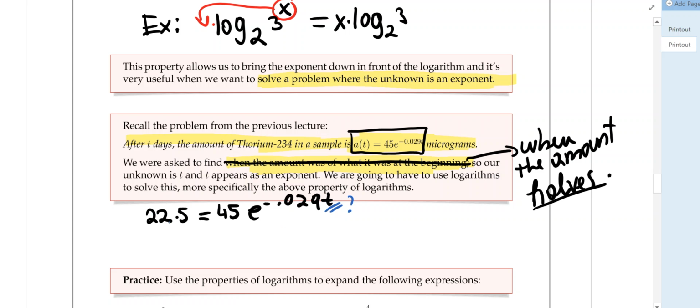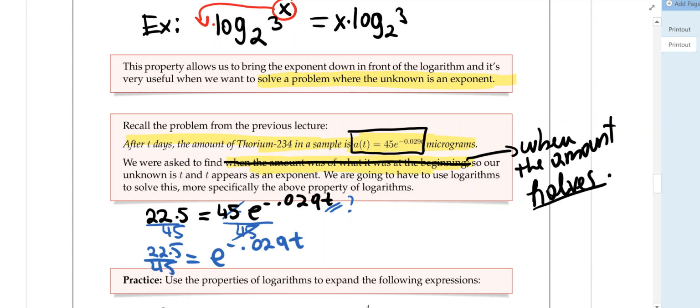All right, so our first thing that we have to do is we're going to divide by 45 both sides. Okay, so the 45 and 45 goes away. So then we're going to have 22.5 over 45 equals e to the negative 0.029 t. Now, since t is an exponent, in order to be able to bring the exponent down, it has to have a log in front of it.